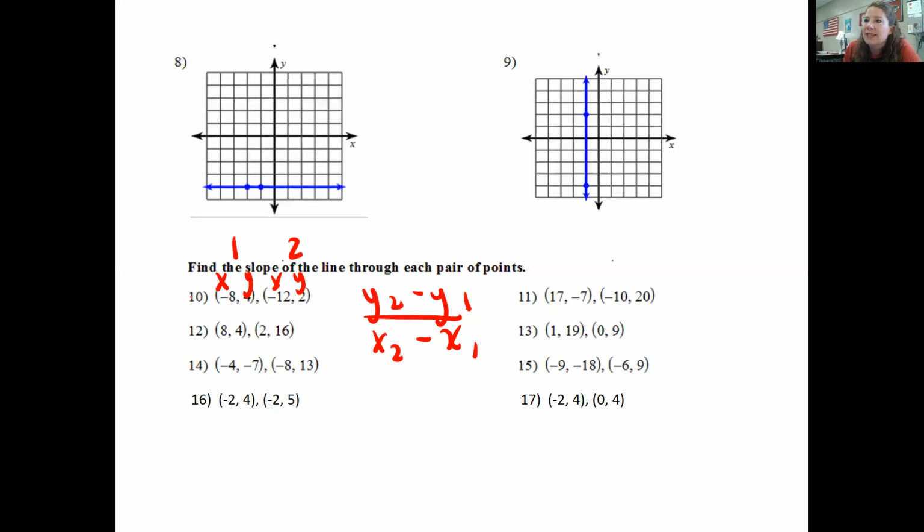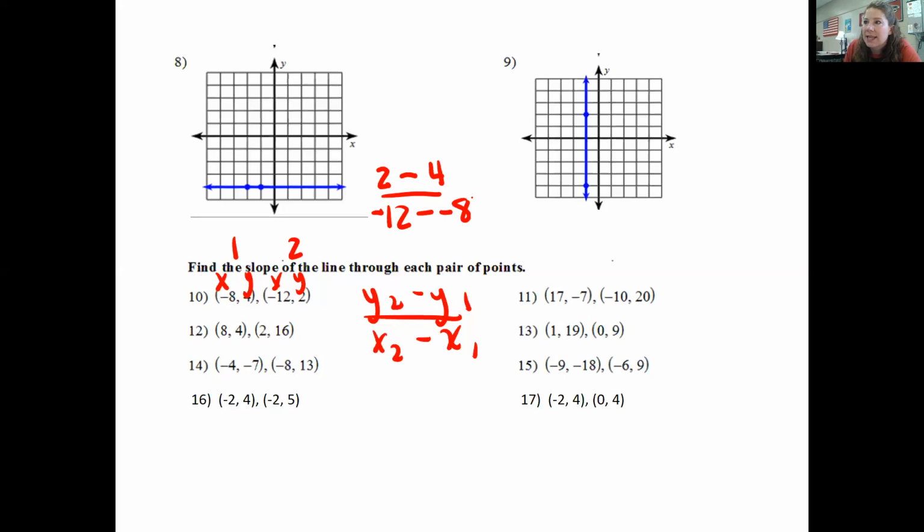So if I want to find the slope to number 10, I'm going to take my second y value, which is 2, subtract my first y value, which is 4. On the bottom, I'm going to take my second x, which is negative 12, subtract, make sure you don't leave out that subtraction sign, especially when the other number is a negative, like this one.